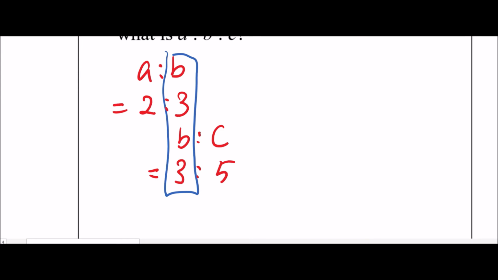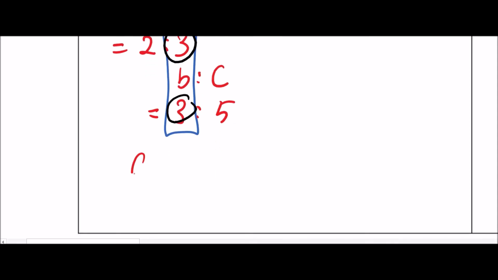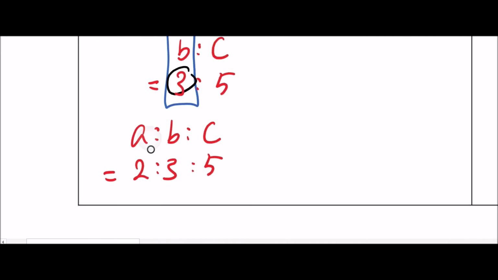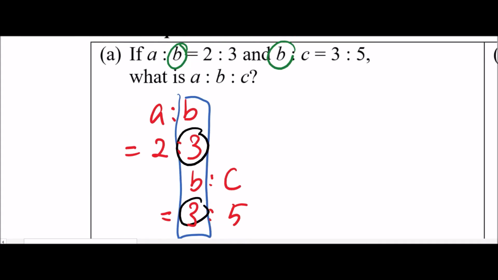Now the next thing I have to check is, are these two numbers the same? Yeah, both are 3. So we are done. There's no need to change anything. We can immediately combine. A is to B is to C therefore goes to 2 is to 3 is to 5. Okay, and we're done. That's it.